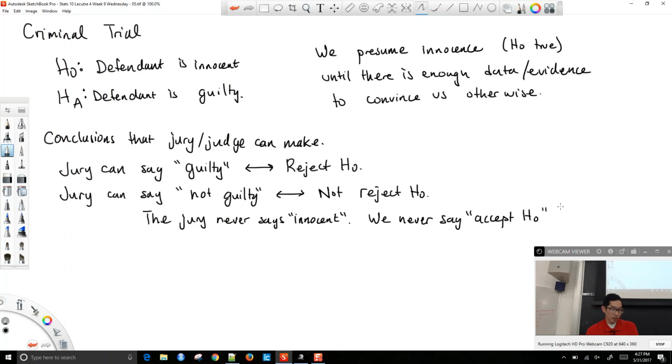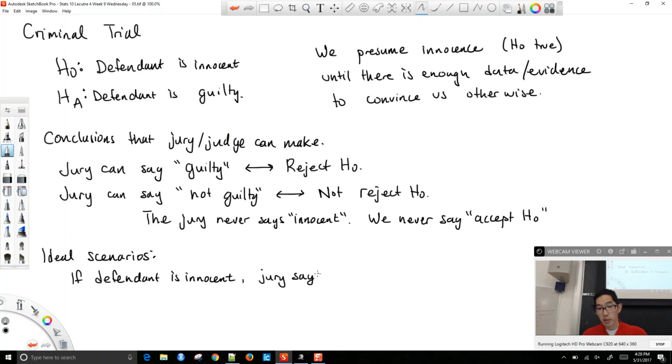Okay. So in the ideal scenario, if the defendant is innocent, what will the jury say? The jury says not guilty, right? That's what we want. If the defendant is innocent, we want the jury to say not guilty.